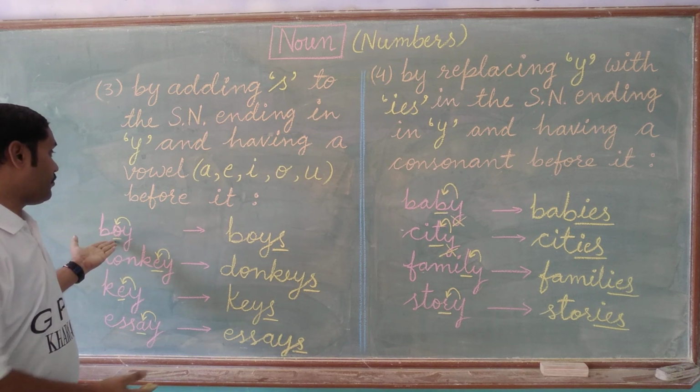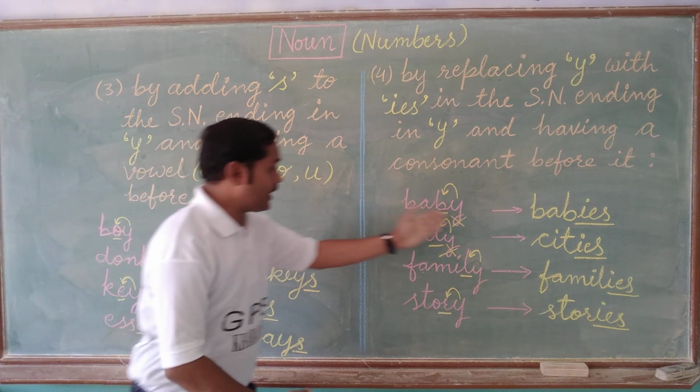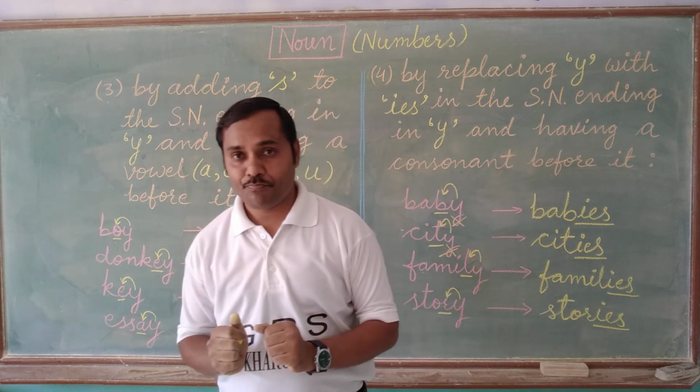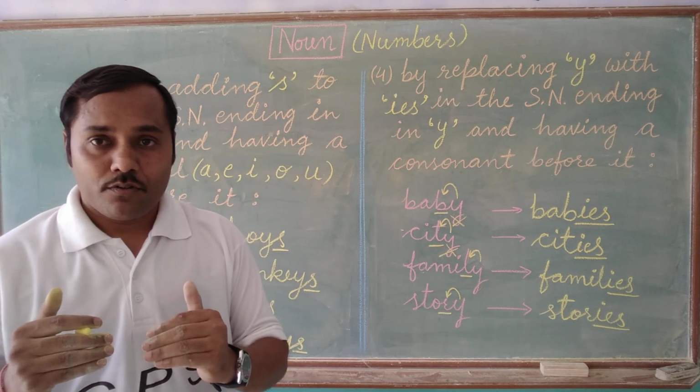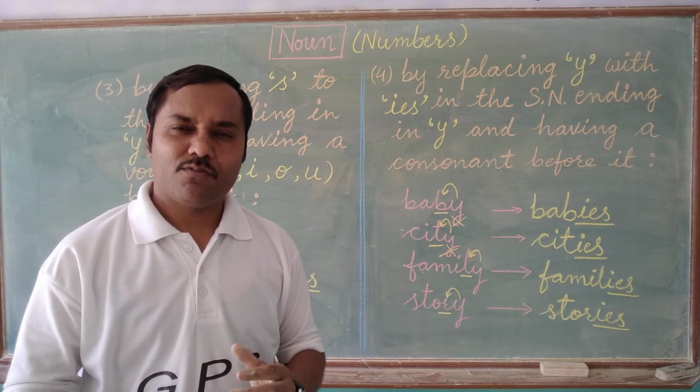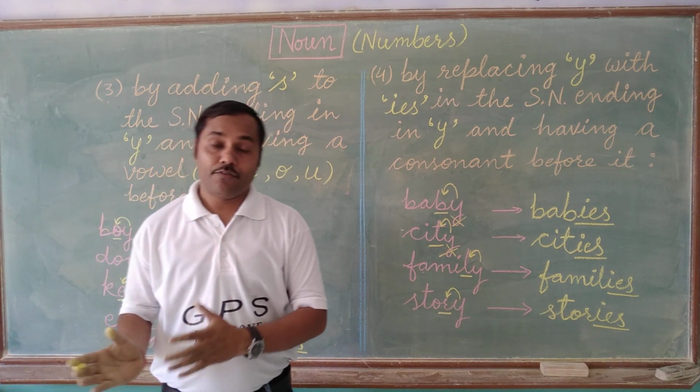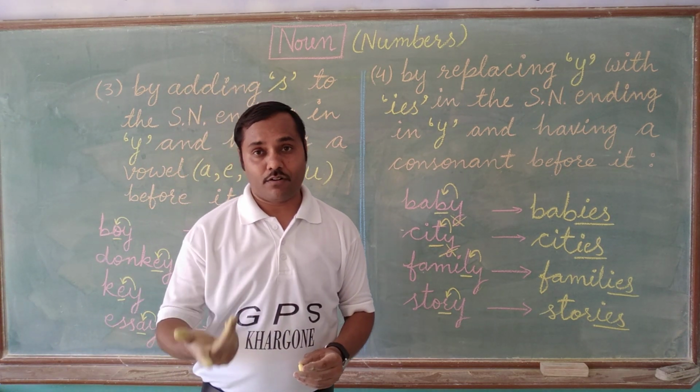Before Y, if we found a vowel, or before Y, if we found a consonant, different rules are applicable. Now, after this, we have some more rules, but we'll discuss them in the second part of this video.